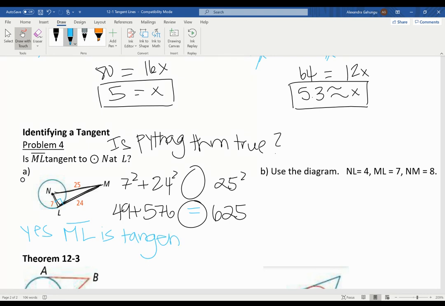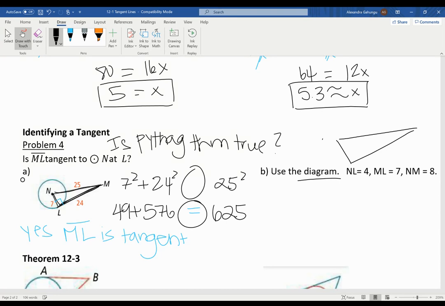So if the Pythagorean theorem is true, it's yes. If it's false, it's no. So let's find out what's happening with this one. We're going to use the diagram, meaning we're going to just recreate that little triangle here.